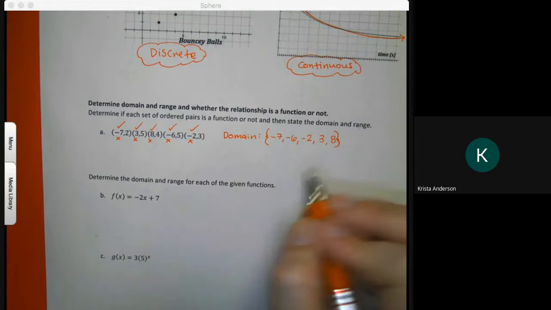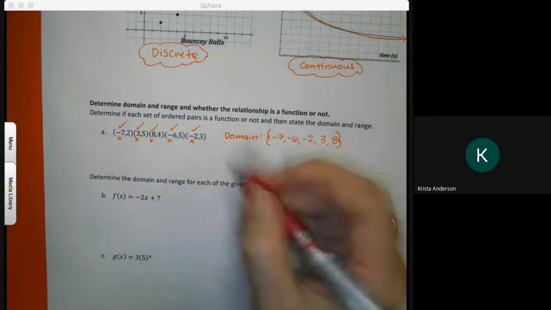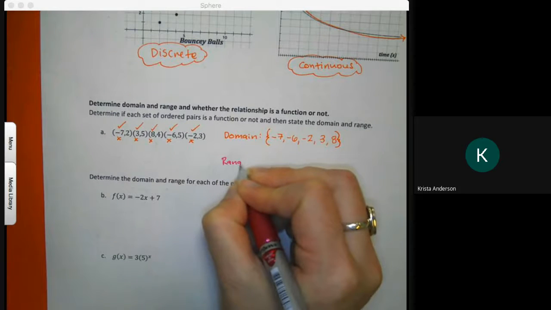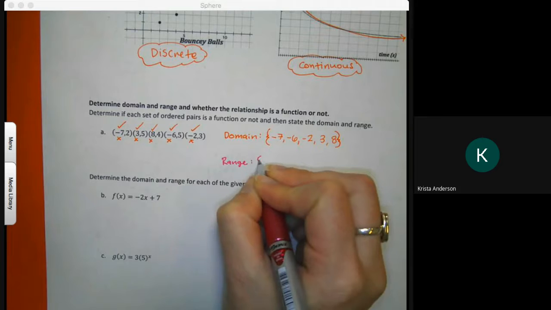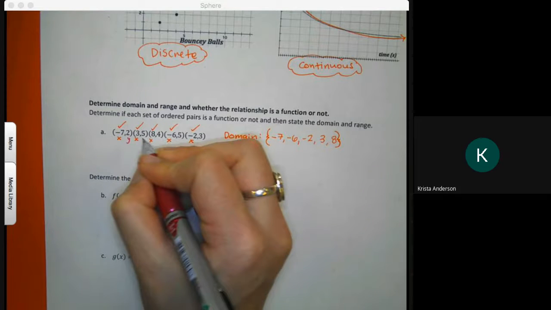Now for my range, I'm going to do the y values. So my smallest number is 2, then 3, then I have a 4, then I have a 5, and another 5.